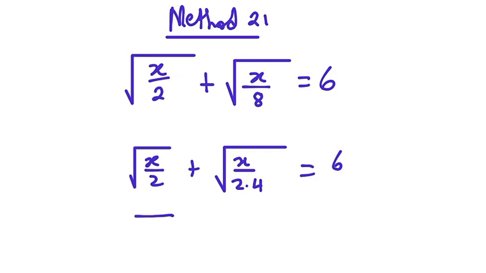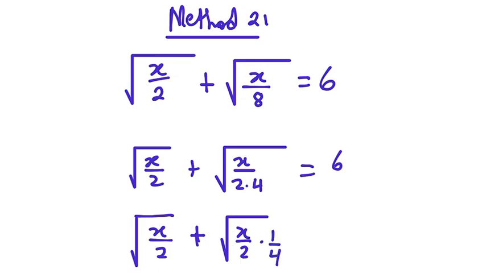We can write this as the square root of x over 2 plus the square root of x over 2 multiplied by 1/4, equals 6.